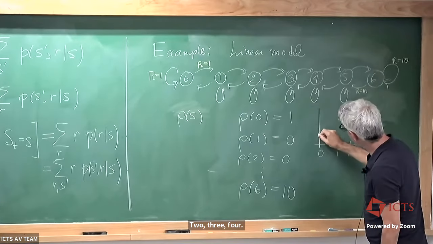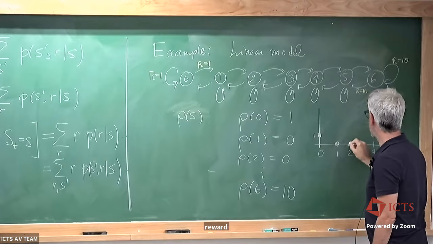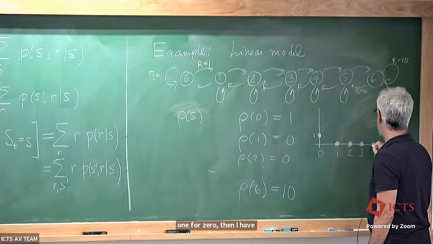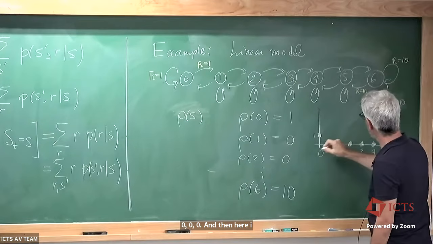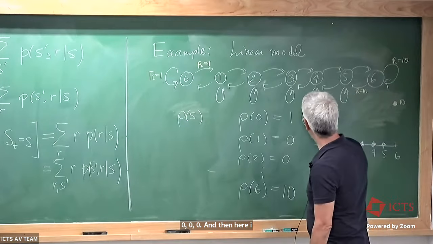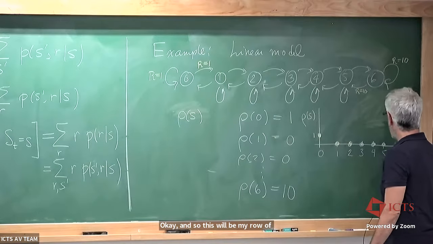So I have a reward 1 for 0, then I have 0, 0, 0, 0, 0, and then here I have 10. Okay, and so this will be my R of S as a function of S.